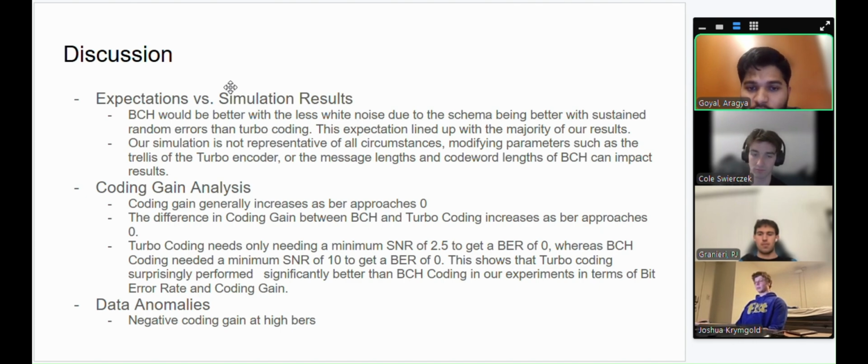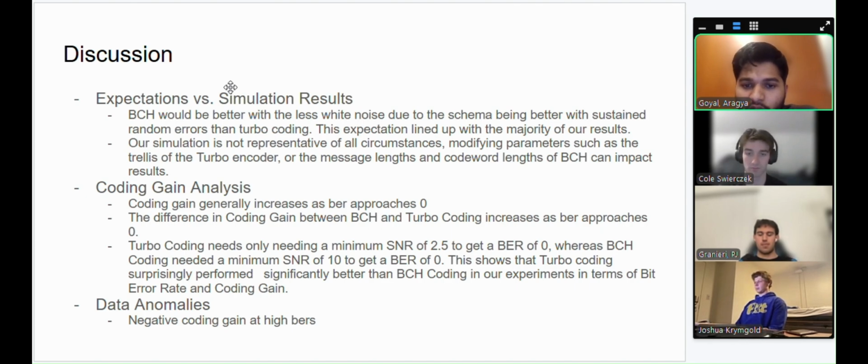Just a note, our simulation is not representative of all circumstances. Modifying parameters such as the trellis of the turbo encoder or the message lengths and code word lengths of the BCH can impact results.